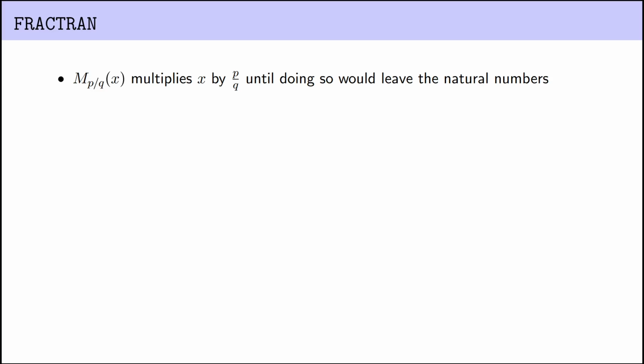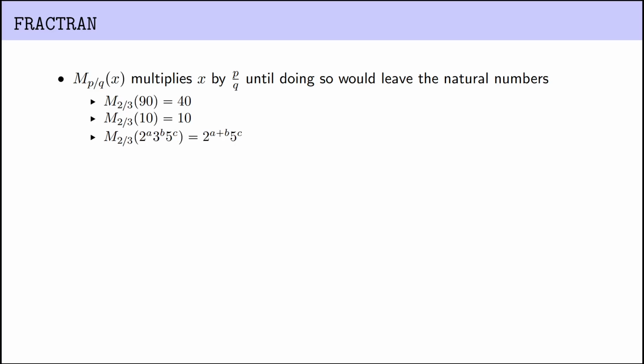We'll call this function m sub that fraction. So for example, to calculate m sub 2/3 of 90, we can multiply 90 by 2/3 once to get 60, and then again to get 40. And then we can't multiply by 2/3 again without getting a fraction, so this is the output of the function. Of course, if we can't multiply by 2/3 at all, then we just output the number that was input.